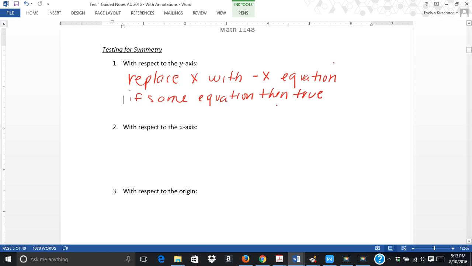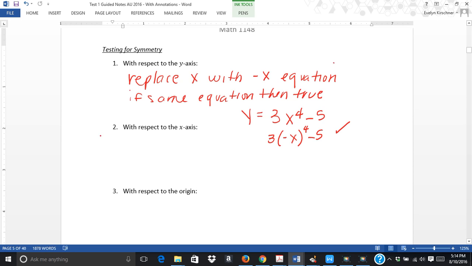All right, so let's think about y equals 3x to the 4th minus 5. If I put in negative x, well, it's 3 times negative x, the whole thing to the 4th, minus 5. Since that's even, it becomes the same thing, so that is true.